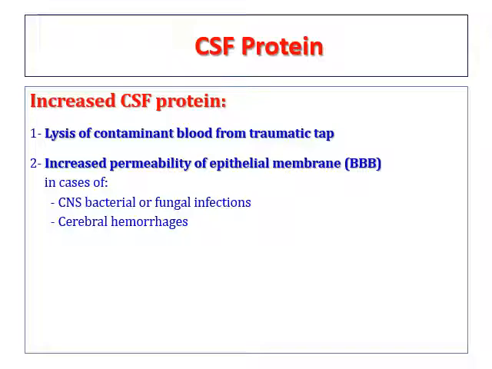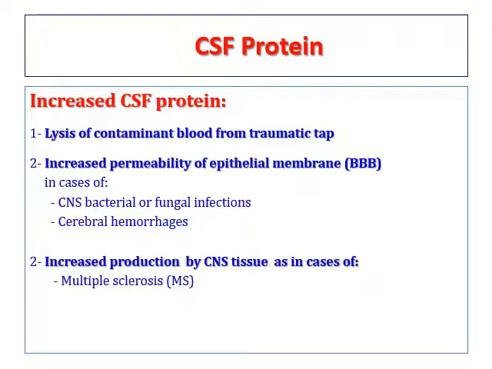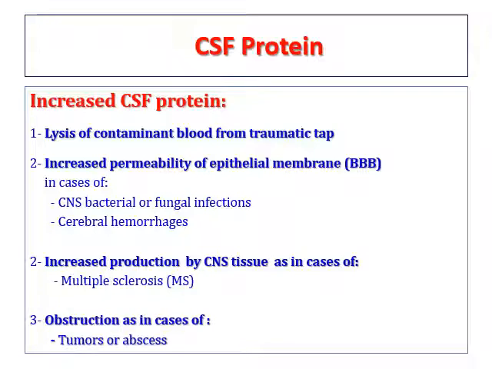Increasing blood-brain barrier permeability causes cells to enter the CSF, like in CNS bacterial and fungal infection or cerebral hemorrhage. Increased production by CNS tissue, like in demyelination or MS, it contains immunoglobulins like IgG. Obstruction of the CSF flow, like in the tumor or abscess.